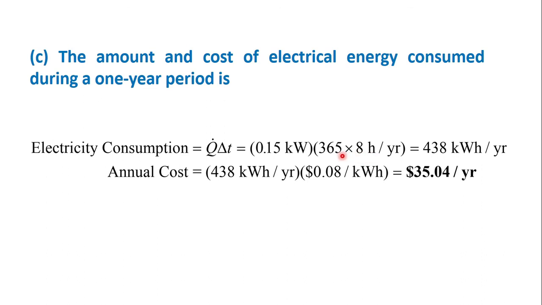If we multiply it with 365, which is the whole year, we will get 438 kilowatt hour as the electricity consumption for 1 year, right? And if we multiply the electricity consumed per year with the unit cost, we will get the annual cost of electricity consumption, that is $35.4 per year. That is the answer of the third part, in which we have to calculate the amount and the cost of electricity consumed during 1 year.